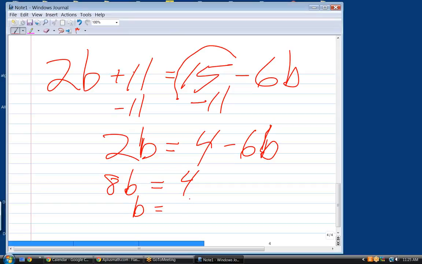Write it out fully, first of all. Can that be a number greater than 1? No, because the numerator is smaller than the denominator. So we know our answer has to be less than 1. Well, how can I simplify 4/8? What's 4/8 equal to? 1/2. I get that by dividing the top by 4 to get 1 and the bottom by 4 to get 2.